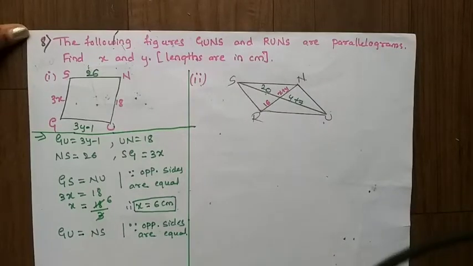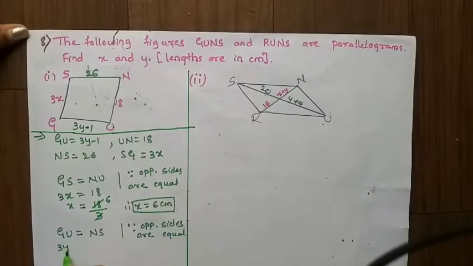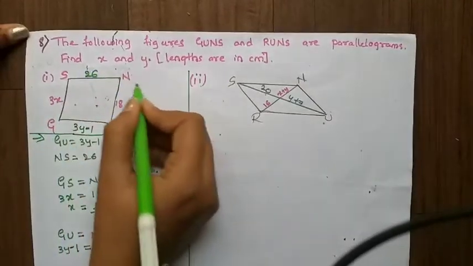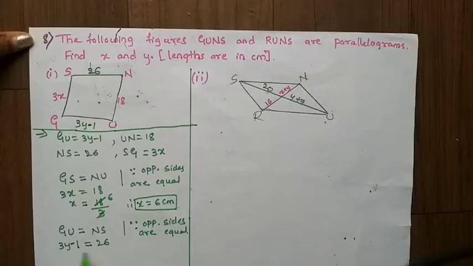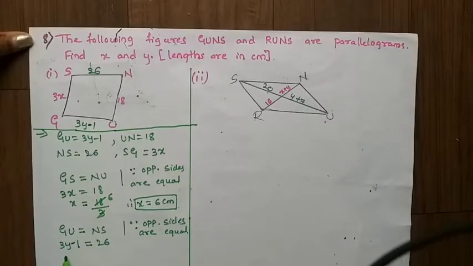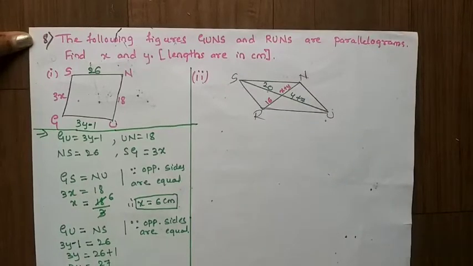The GU value is 3y minus 1, which is equal to SN, 26. This is an algebraic expression. When minus 1 goes to the right hand side, it becomes plus 1. So 3y is equal to 26 plus 1, which is 27.